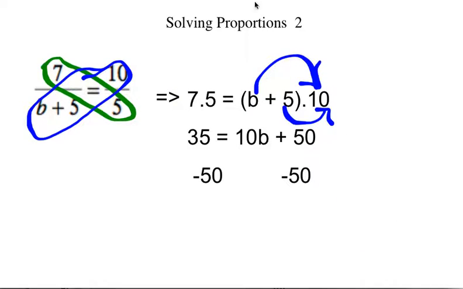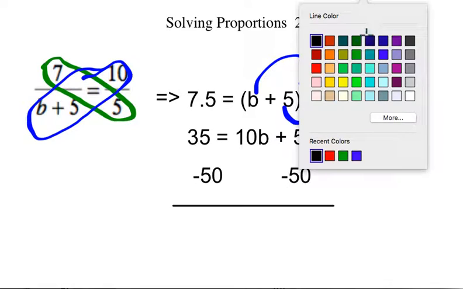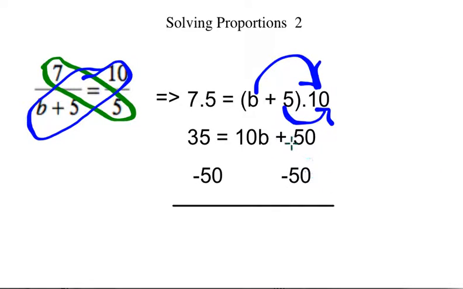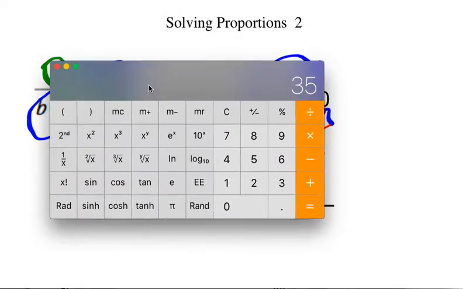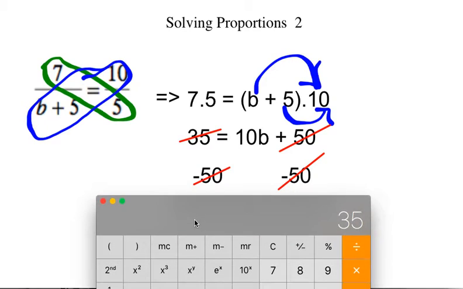Let's see what we're going to get. Make a big line here. So 50 minus 50 is 0. And we have 35 minus 50. We're going to use a calculator on that. 35 minus 50 is equal to minus 15.